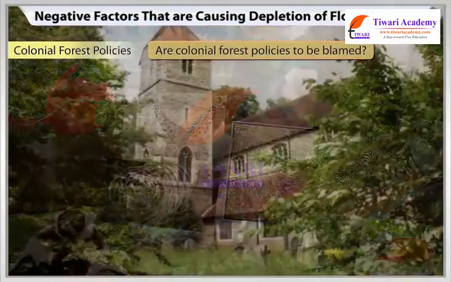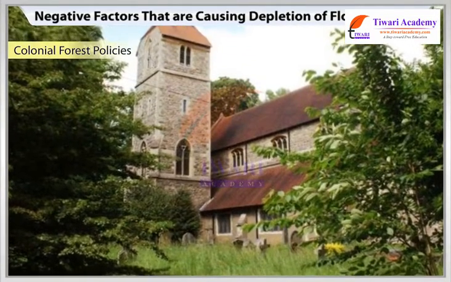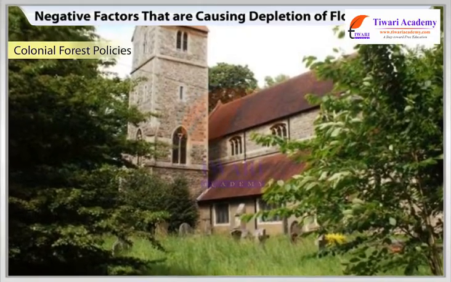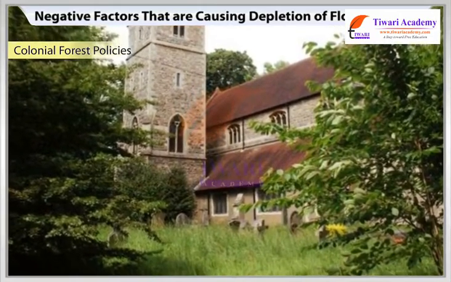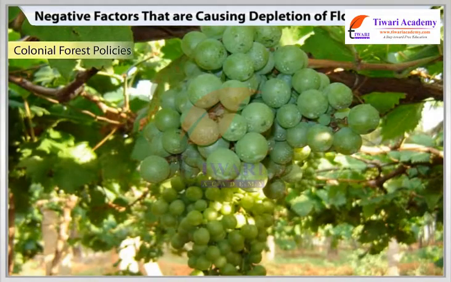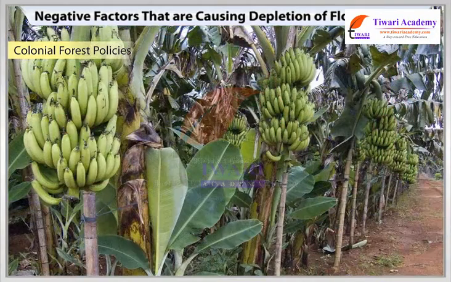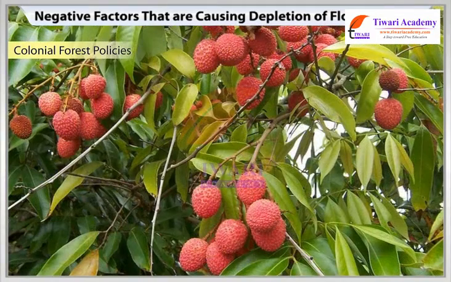Are colonial forest policies to be blamed? Some of our environmental activists say that the promotion of a few favored species in many parts of India has been carried through the ironically termed enrichment plantation, in which a single commercially valuable species was extensively planted and other species eliminated.